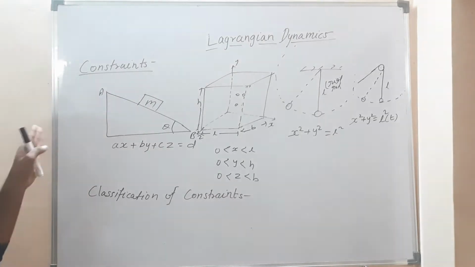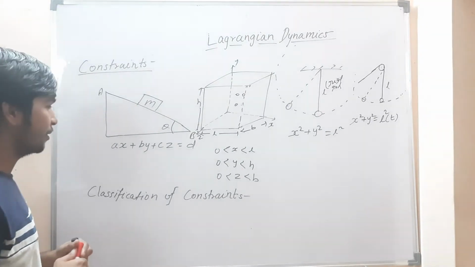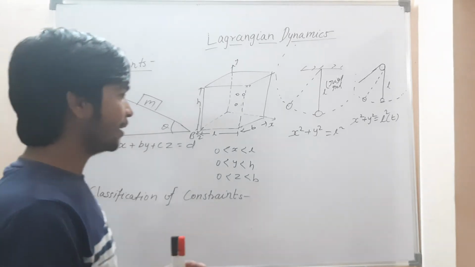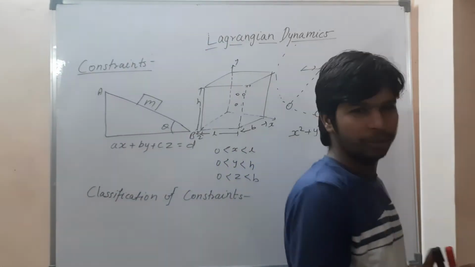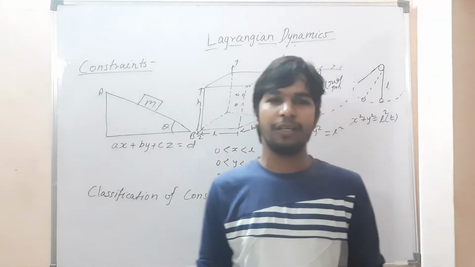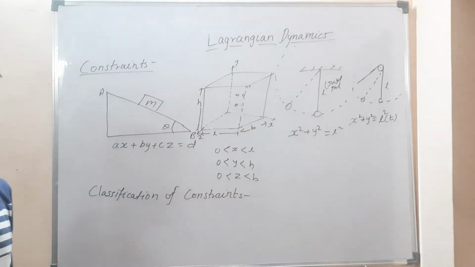Can you observe any difference in the 4 examples? I think you are finding 2 major differences: some examples we can write as equations, and one example we can't write as an equation.